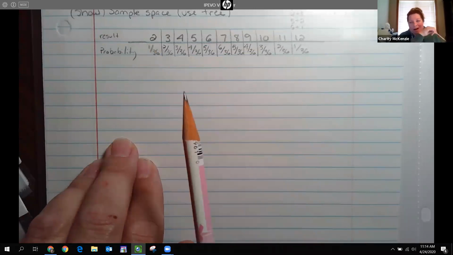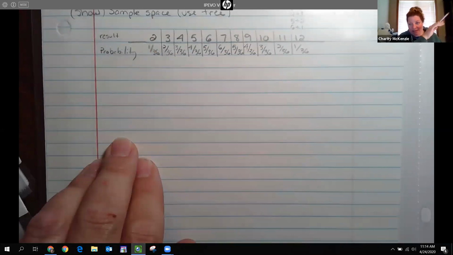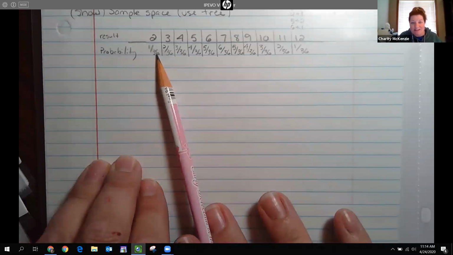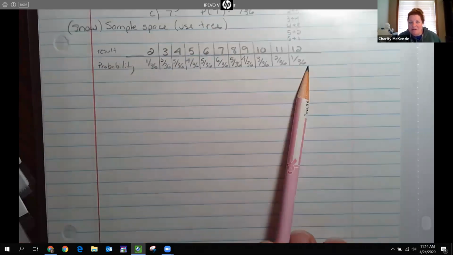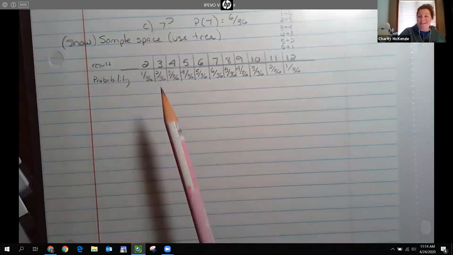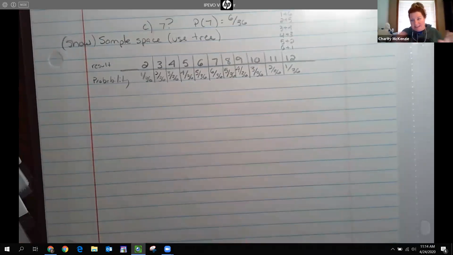And again, you could draw a tree diagram. It's pretty big because it has 36 branches, but you could see there's one combination for this number, and then it goes up, up, up, up, with 7 having the highest probability and then back down. Okay, so that's just a probability chart. These numbers better add to 1, meaning there's 36 ways, there better be 36 represented on the top for a probability chart to be fully completed.